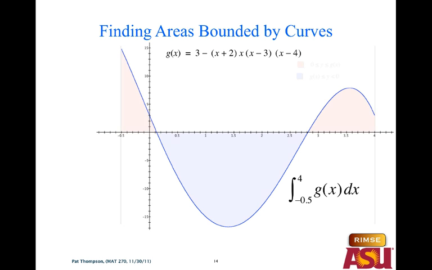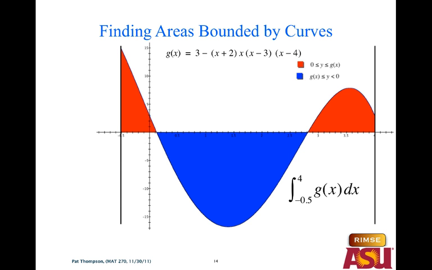Okay, so we can make a sketch like this. Here's negative 0.5, and here's 4. So what is that integral going to calculate in terms of these shaded regions?